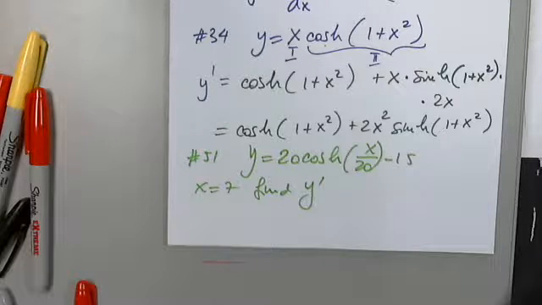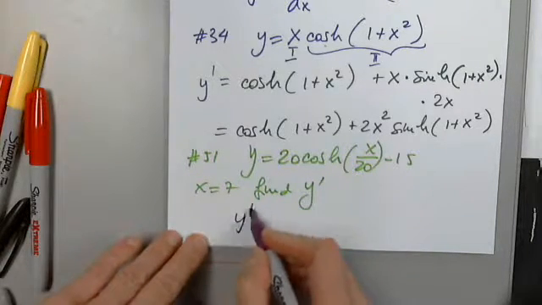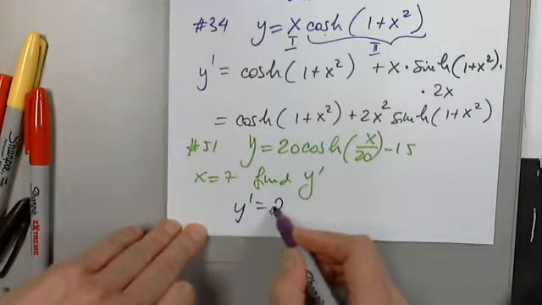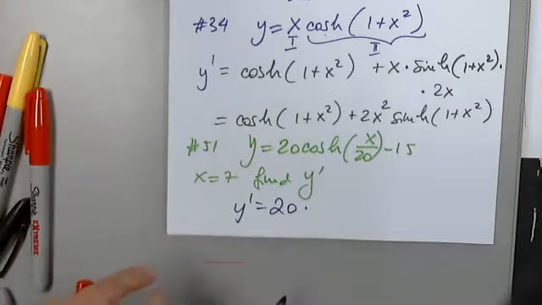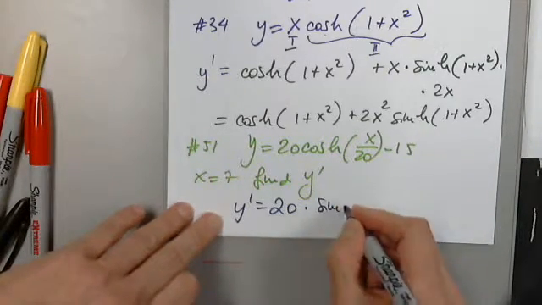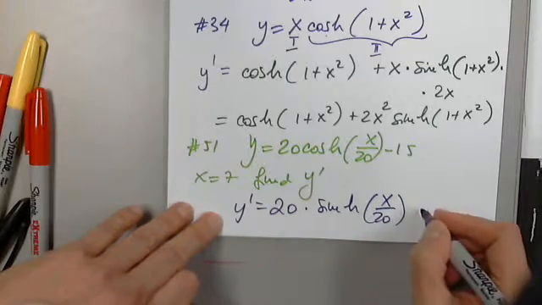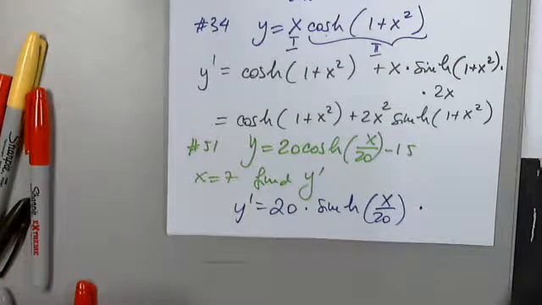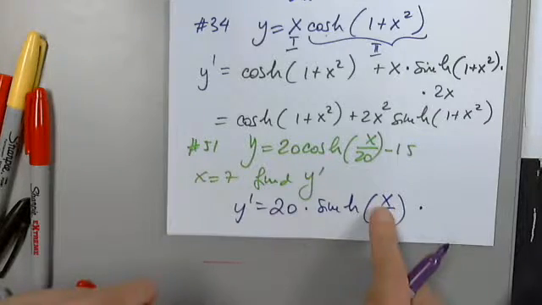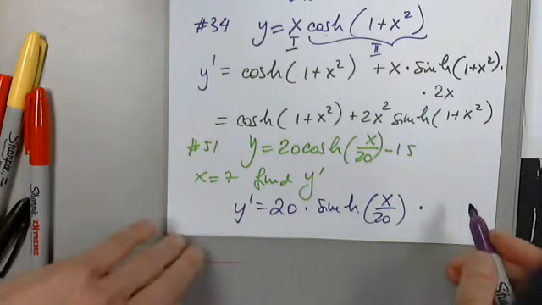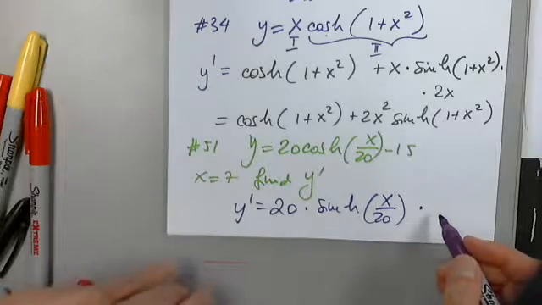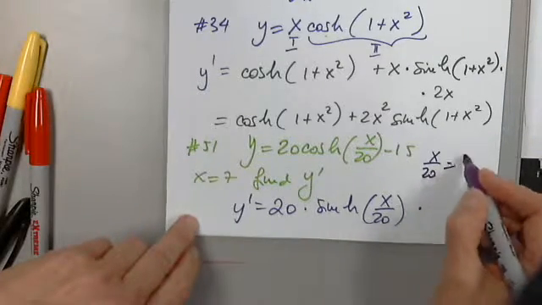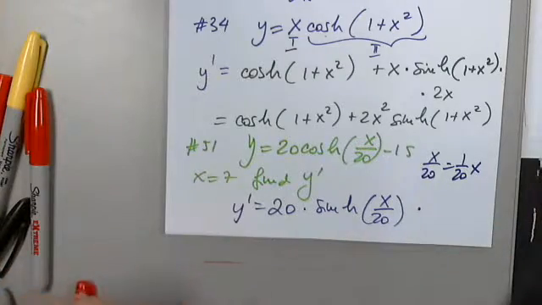I'm going to differentiate and get y prime. So it's 20 multiplied by the derivative of hyperbolic cosine, which is hyperbolic sine of x over 20, multiplied by the inner function prime. The minus 15 is 0 when I differentiate. Remember, x over 20 is the same as 1 over 20 times x.